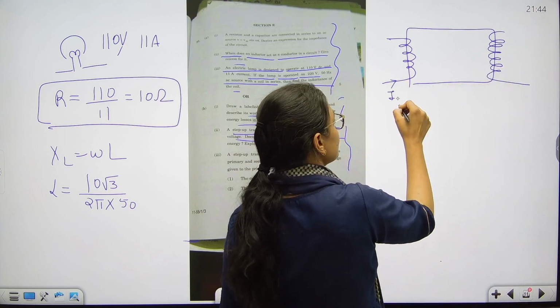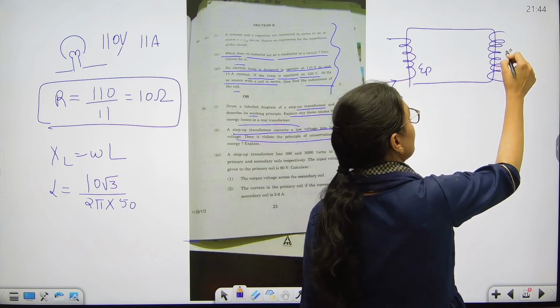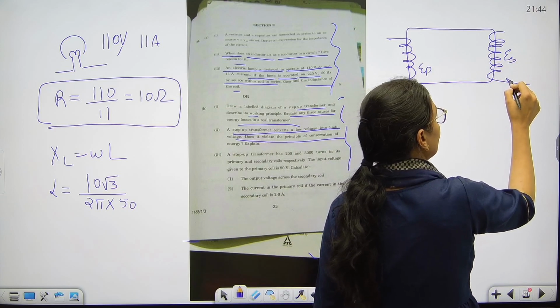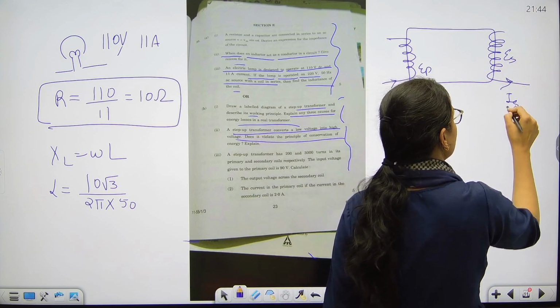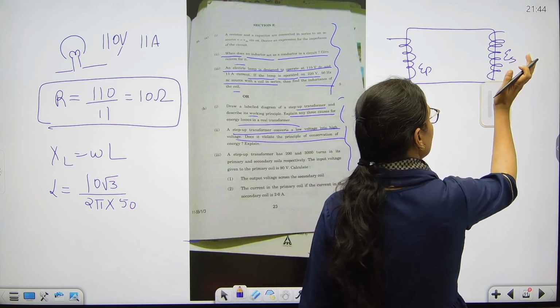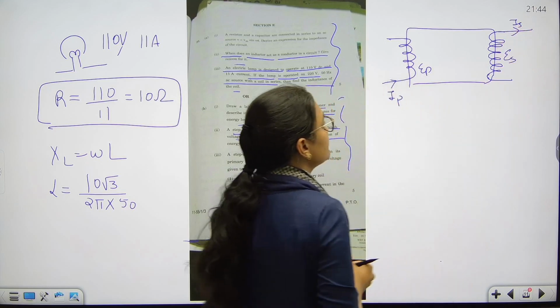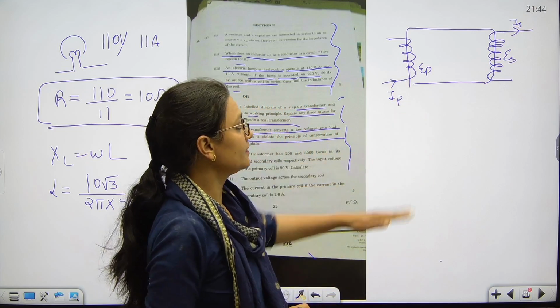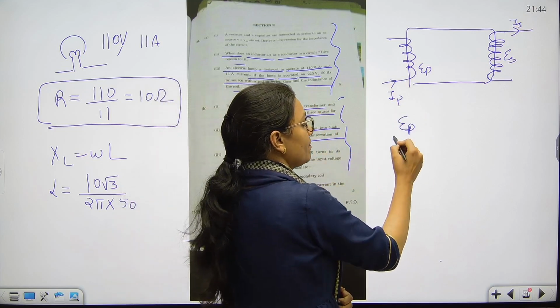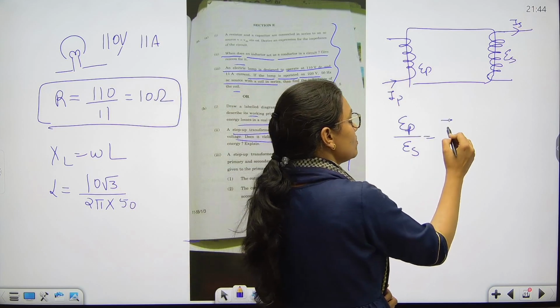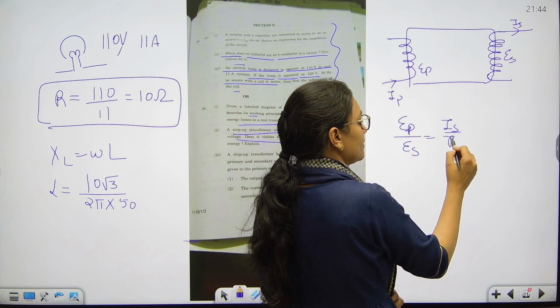in that case you have seen something. Let's say this current is the secondary current, you can take it like that. Secondary current IS. Now here we know that EP upon ES is equal to IS upon IP.